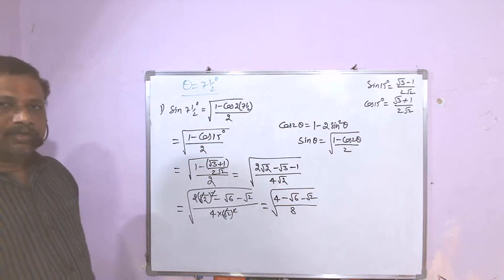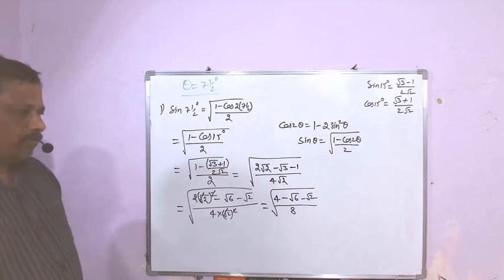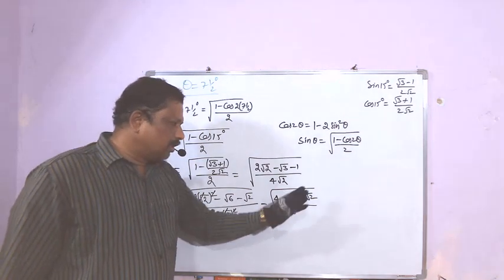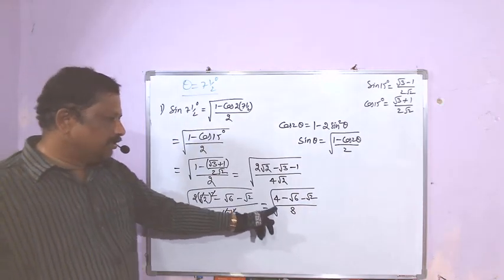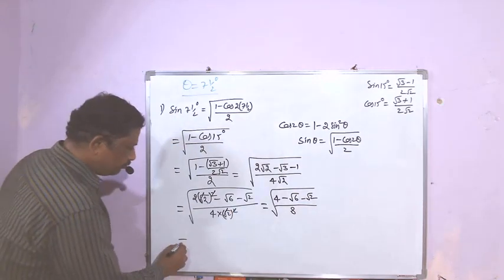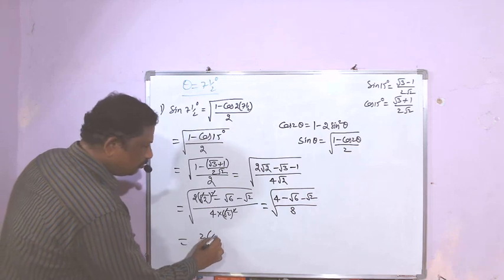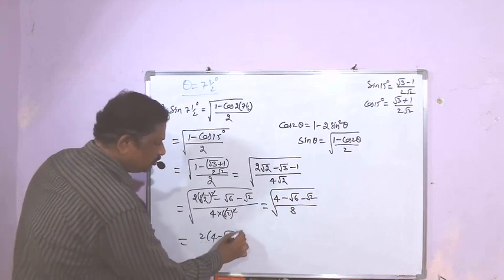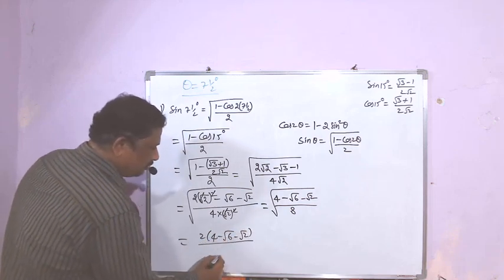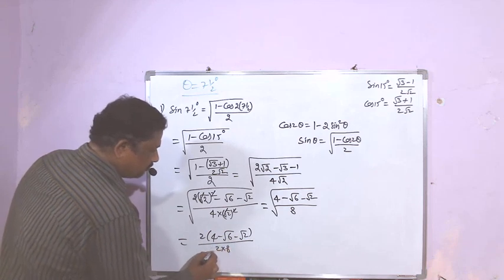Any doubt here? Again, the total equation I am going to multiply and divide by 2. So 2 into 4 minus root 6 minus root 2, divided by 2 into 8.